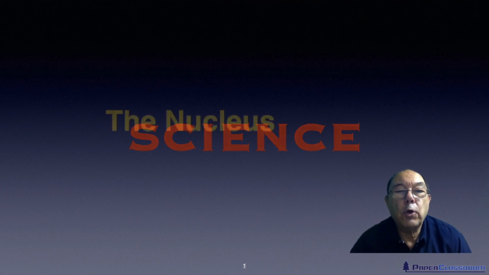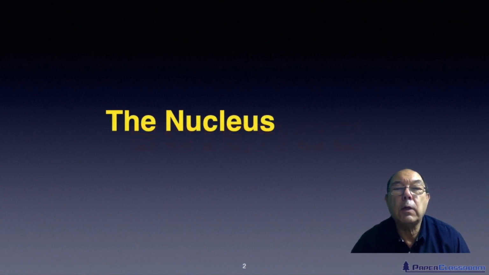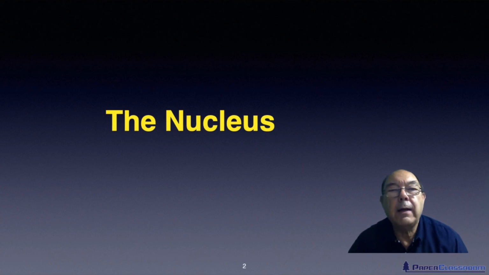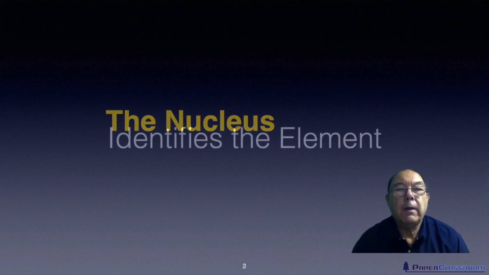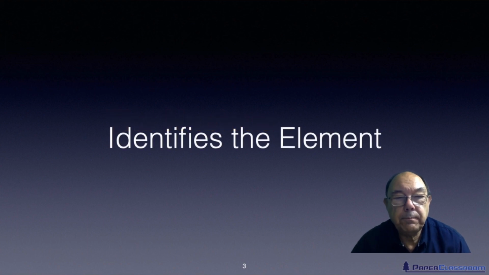In this particular tutorial we're going to be talking about the nucleus of the atom. So what's there, why is it there, what influence do they have, how do we use it? It's the nucleus, not the electrons on the outside, that actually defines and identifies which element it is.